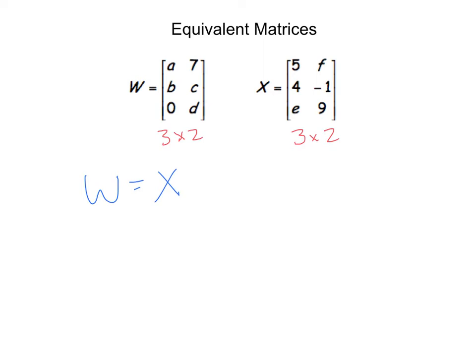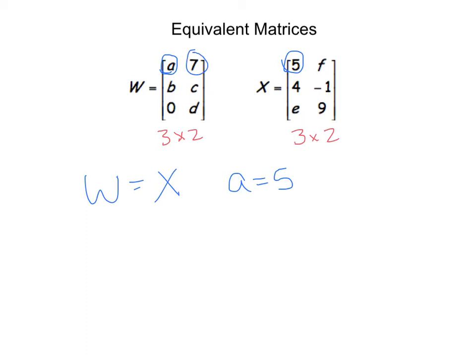When you have equal matrices, what that means is that the entries are equivalent. Corresponding entries are equivalent. So if we were to look at matrix W, and we looked at the 1, 1 entry A, and if it were equal to X, the 1, 1 entry of X would be that, so A would equal 5. And we can do the same for all the rest of them.